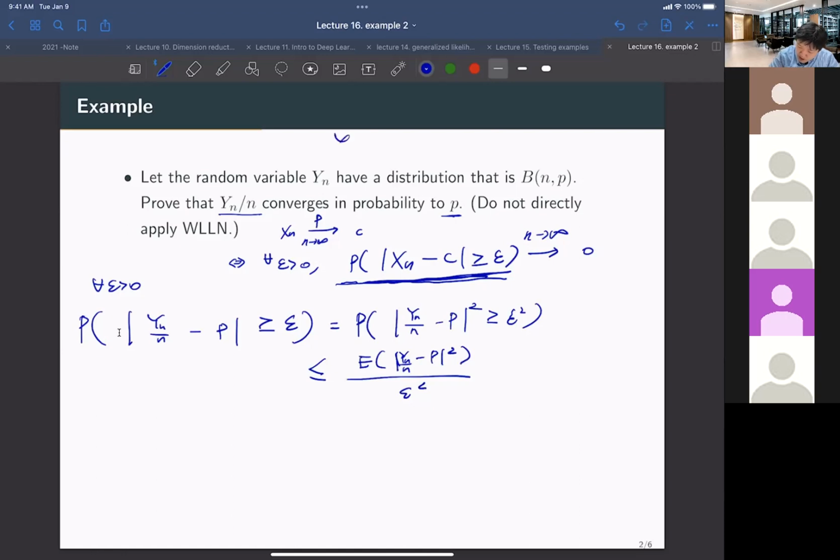And Yn over n, its expected value is p, right?